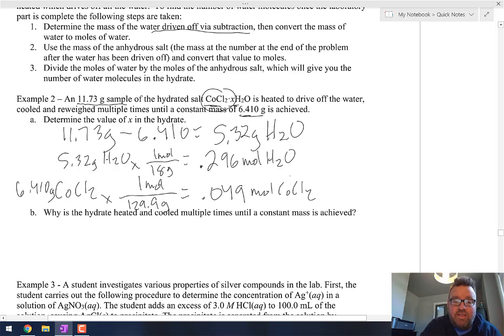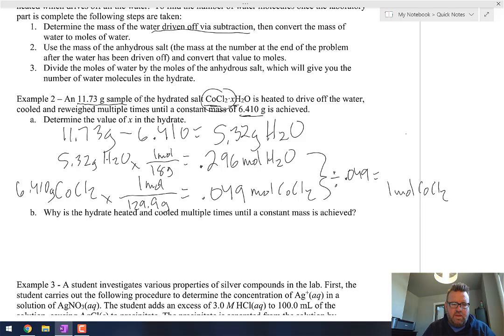Now, what is the ratio of moles of CoCl2 to moles of H2O? Well, we have to divide them. We're going to divide them basically by the smallest number, similar to percent composition when we're trying to find the empirical formula, very similar. The smallest number is 0.049. So there's 1 mole of CoCl2 for every 0.296 divided by 0.049 equals 6 moles of H2O.